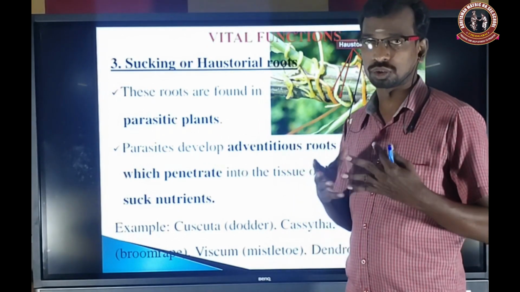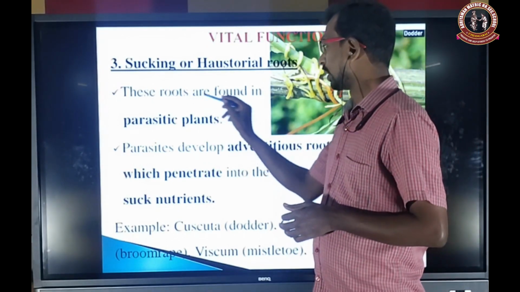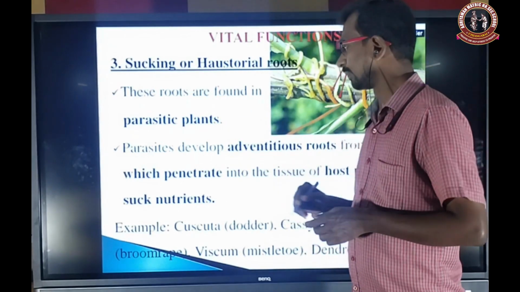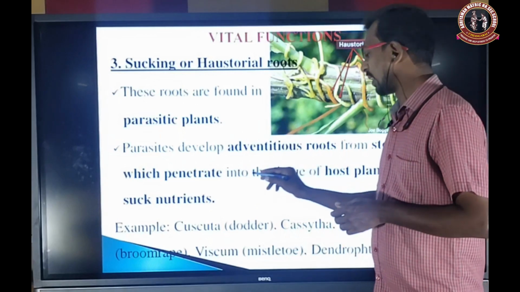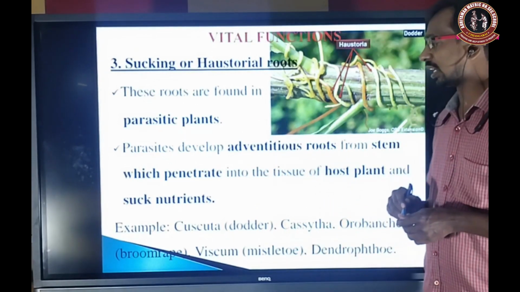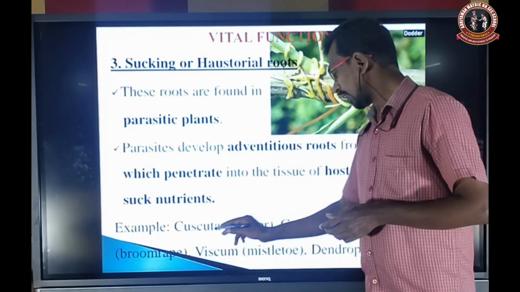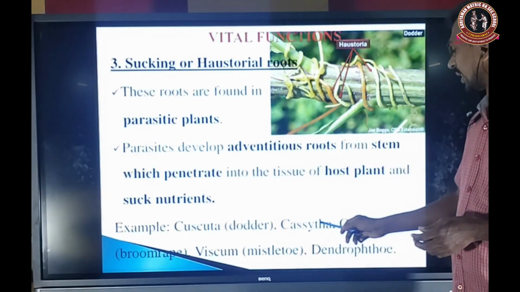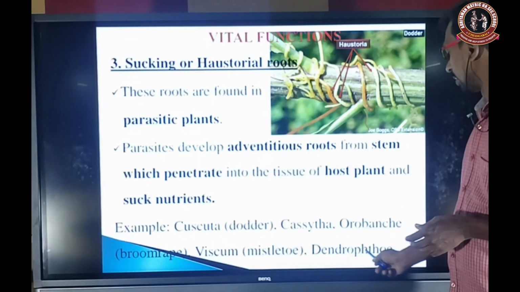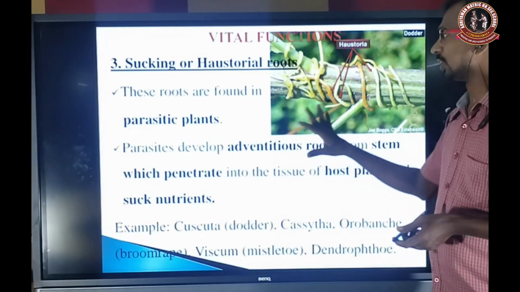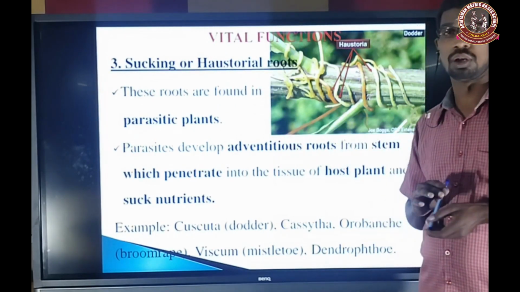So, that is the haustoria or sucking root. These roots are found in parasitic plants. The parasite develops an adventitious root from the stem, which penetrates into tissues of the host plant and sucks the nutrients. Example, Cuscuta, Cassytha, Orobanche, Viscum and Dendrophthoe. So, these are the examples for sucking or haustorial root.